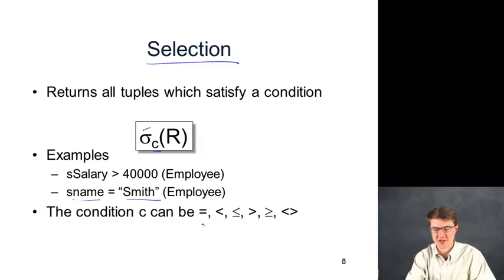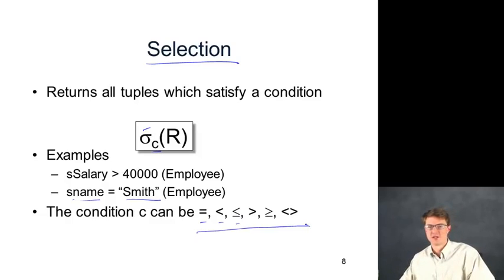The condition C can involve equals, less than, greater than, and so on. But it can be more than this. It can be any sort of Boolean expression. And in fact, as we'll see in maybe a segment or two, it can be any arbitrary function that returns a Boolean value. So it doesn't have to be just A less than B or A equals B. It could be some complicated function.